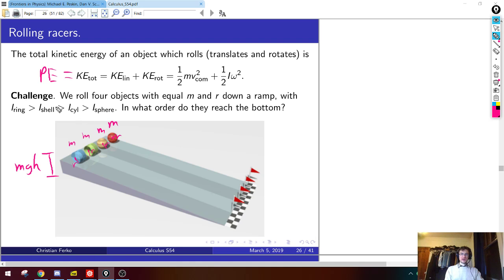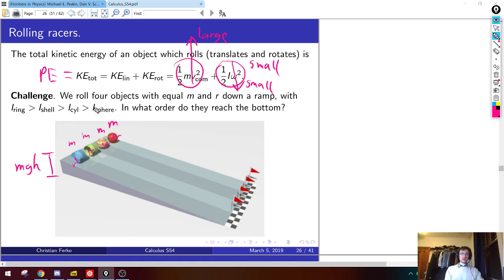So the sphere and the shell start with the same potential energy. They convert the potential energy into kinetic energy differently. Why differently? Because the sphere has a small moment of inertia I. So if you start with a budget of potential energy, and you can either spend that budget on how fast you're going or how much you're rotating, but I is small, that means you're going to spend a small amount of your budget on how fast you're rotating, and a large amount of your budget on how fast you're moving, right?